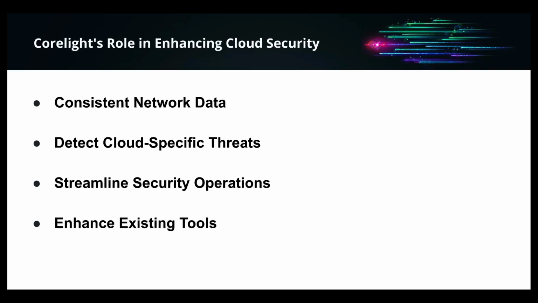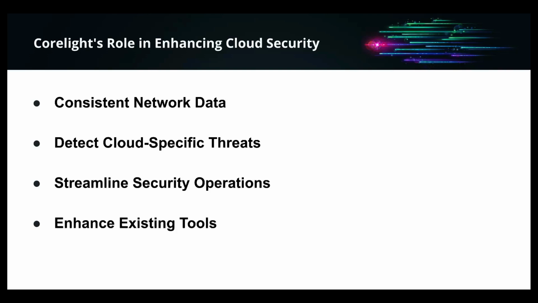So what Corelight does here is it really boosts current security tools by providing additional data. In fact, we are not looking to send you more data, but we are looking to send more interesting data, I should say. And the goal is really to improve detection and response capability.